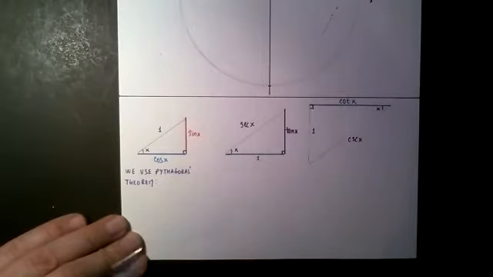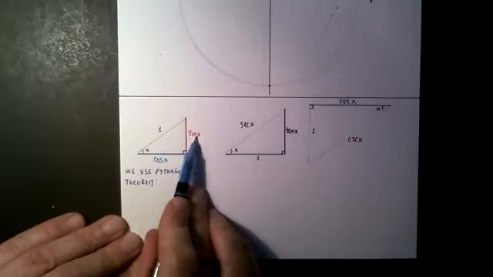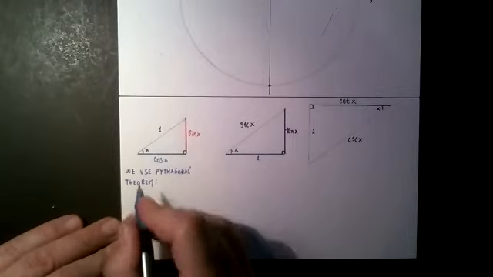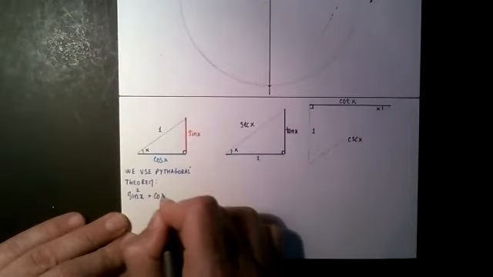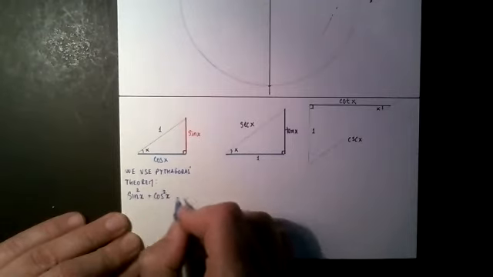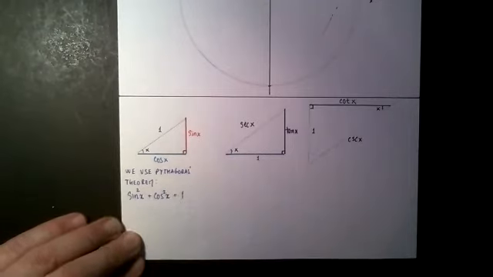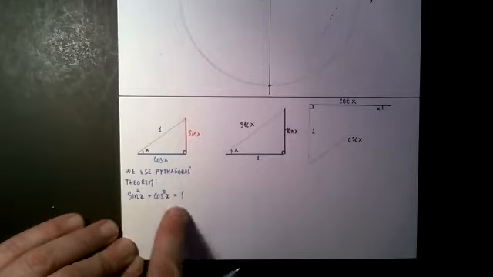And what do we find? This one squared plus this one squared equals this one squared. So the sine of x squared plus the cosine of x squared equals 1 squared, which is 1. So sine squared plus cos squared equals 1, thanks to Pythagoras.